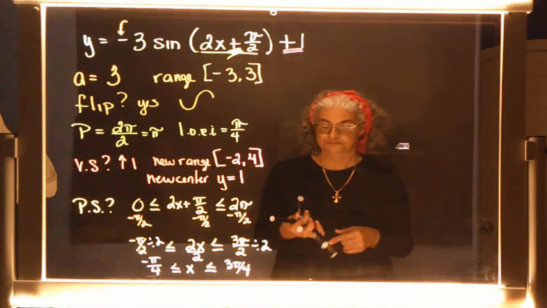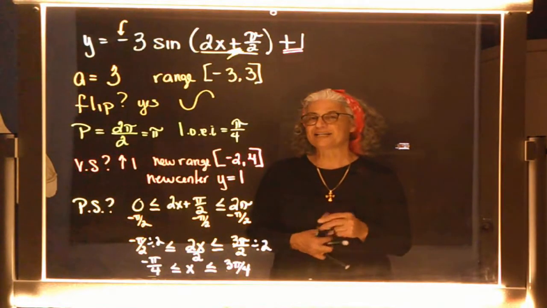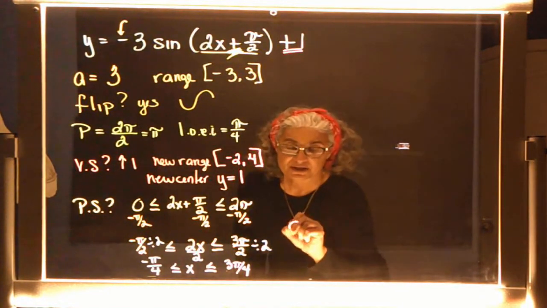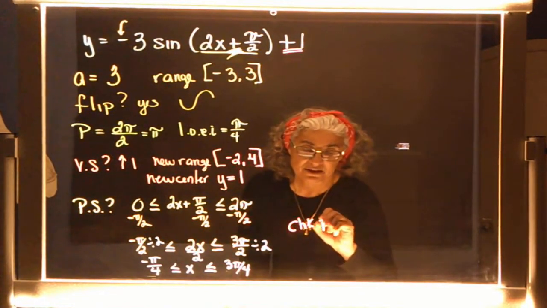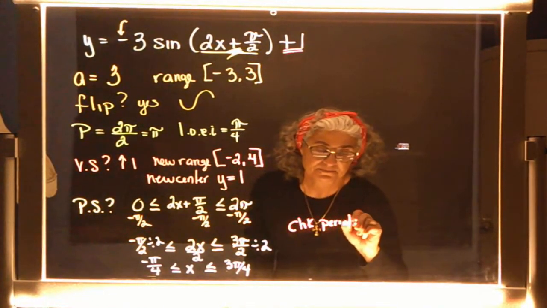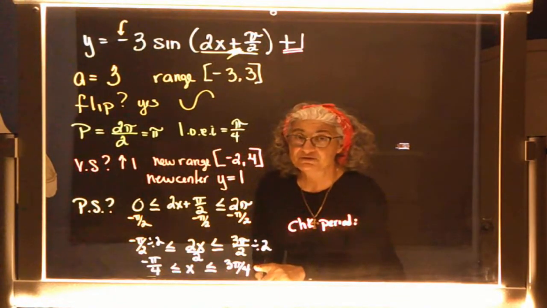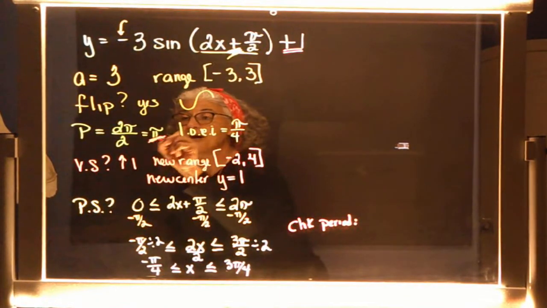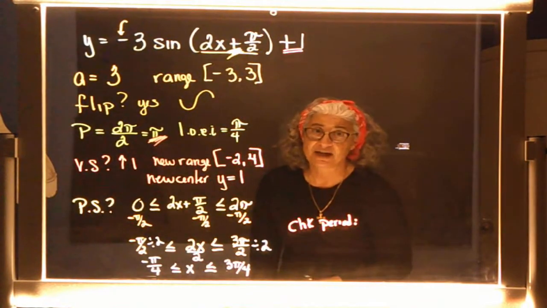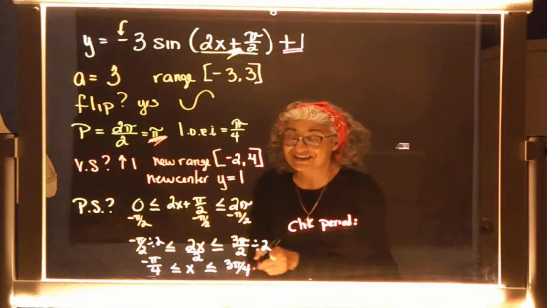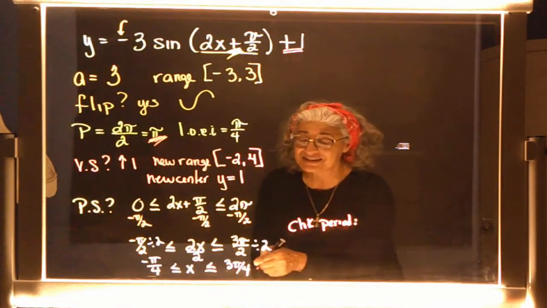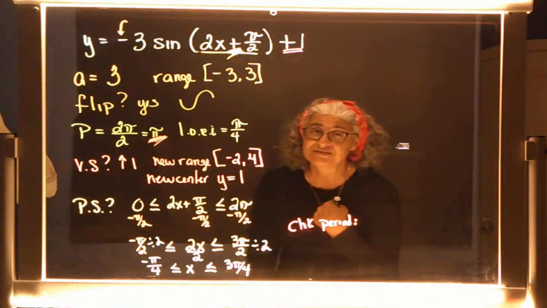Got it? Okay. I got to do a check. I have to check the period. Remember, from negative pi over 4 to 3 pi over 4 is supposed to have a length of pi, because that's the period. I need to make sure that I've done things correctly, because if this doesn't give me a length of pi, then I've done something wrong.